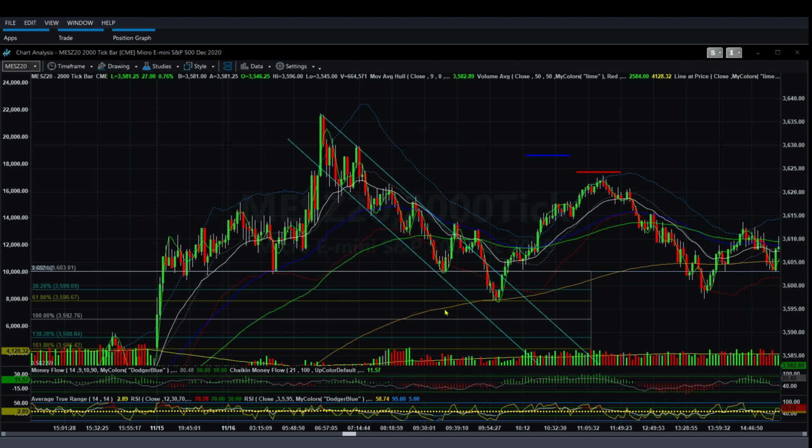The third thing I will look for, in this case I can see it very clearly, it closed outside the Keltner channel there. Or I also use sometimes the Bollinger bands, but whatever you like, it will be fine.